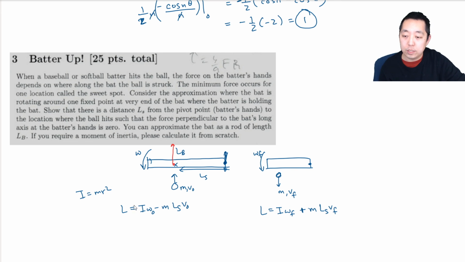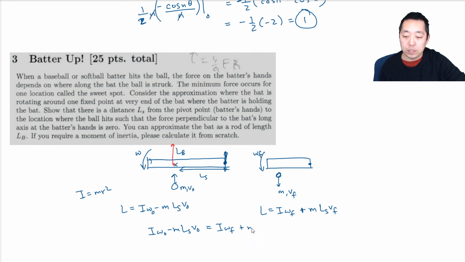Because there's no outside torque on the system, if we're assuming there's no force at that point, well, actually, it doesn't matter, it's at the point of rotation. So there's no outside torque on the system, and angular momentum is conserved.